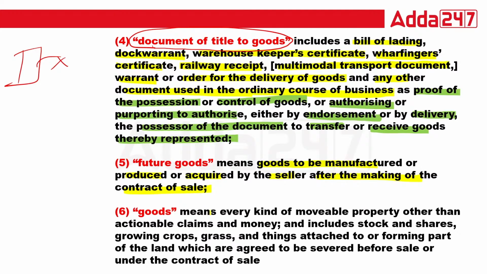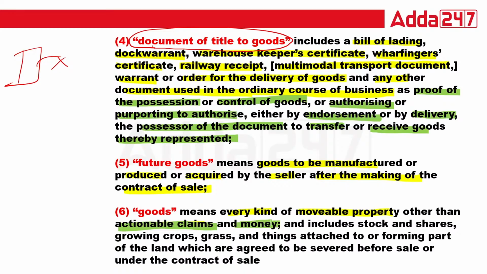Now goods means every kind of movable property other than actionable claim. This is the definition. So actionable claims and money will not come here.